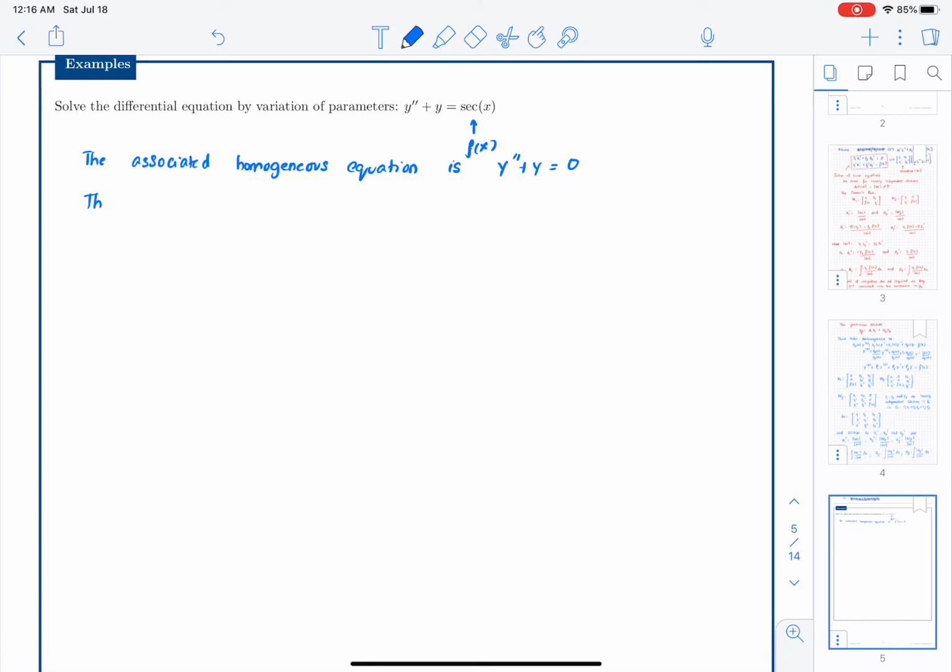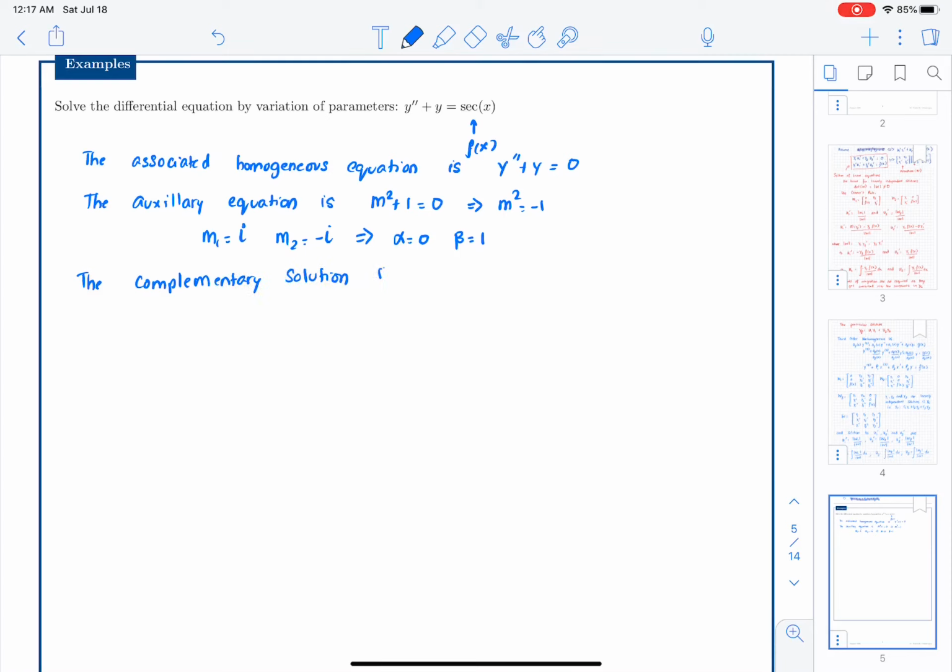The auxiliary equation here is m squared plus 1 equals 0, which would simply imply m squared equals minus 1. So m1 would be plus i, m2 minus i, therefore alpha is 0, beta is 1. The complementary solution is y equals c1 cosine x plus c2 sine x.